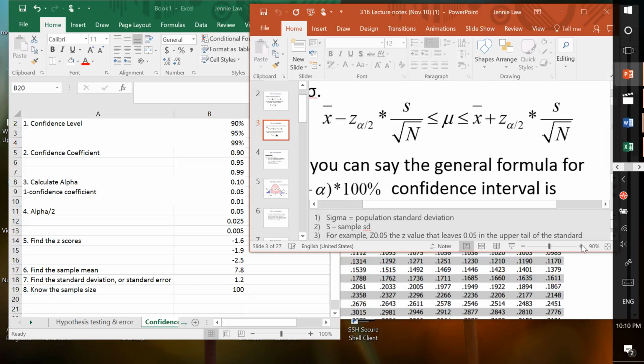This formula is saying that X bar, the sample mean, minus the z-score that we found in our z-table, which we have right over here, would be multiplied by the standard deviation or the standard error, which is divided by the square root of the population size.